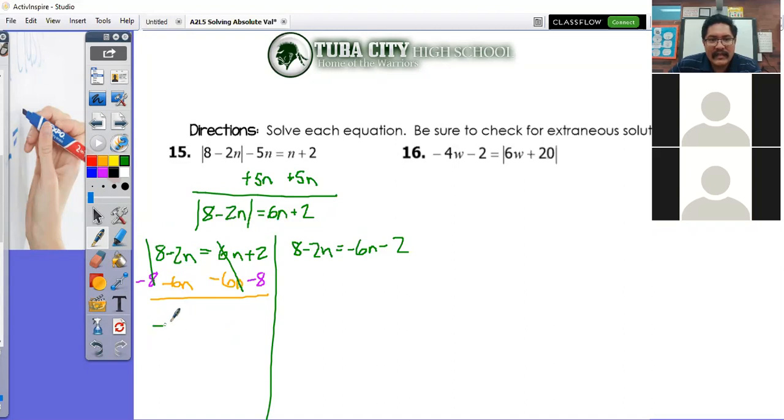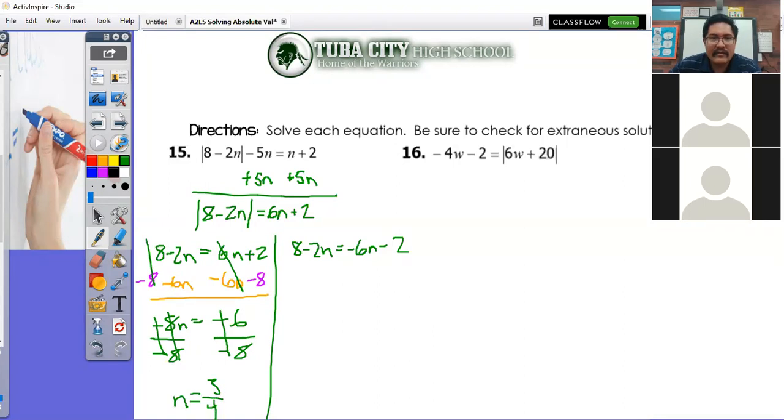So this is going to be negative 8n equals negative 6. Divide both sides by negative 8. Cancel the negative, cancel the 8. If you have a negative on top and bottom, they cancel each other out also. So you get n equals 3/4.